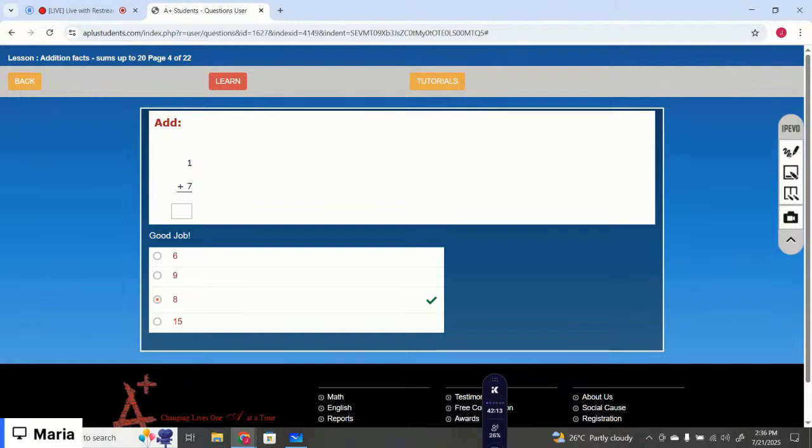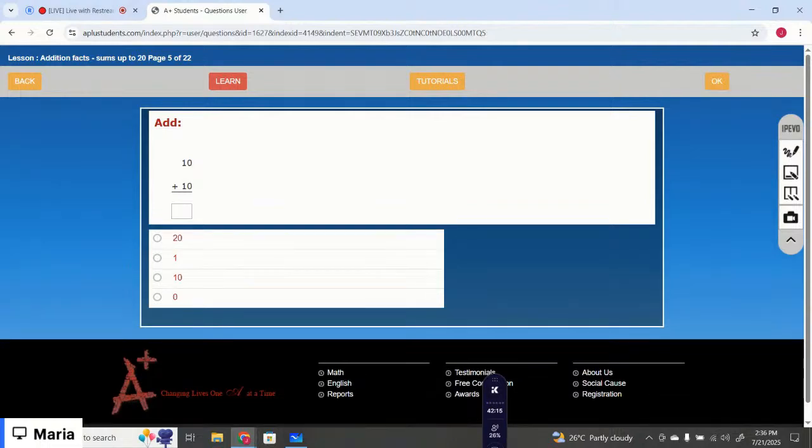Very good. 10 plus 10, which is the correct option?